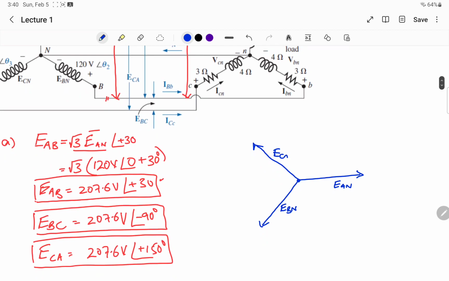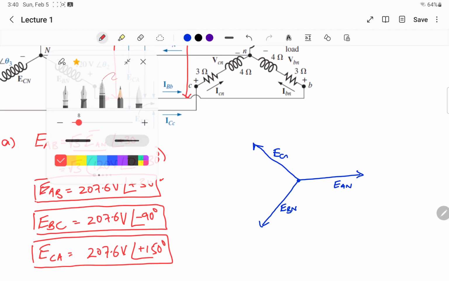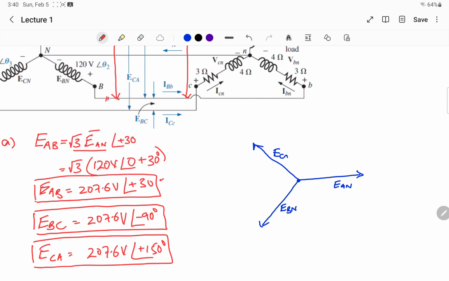Now we have also calculated our voltages EAB, we can see. So the EAB will be like this. It will be plus 30 degrees, and the rest of them you can easily draw. This was the reference angle, so you can say, no, sorry.